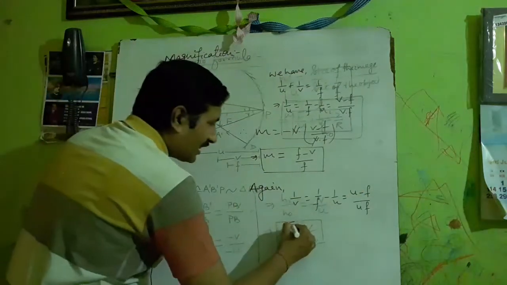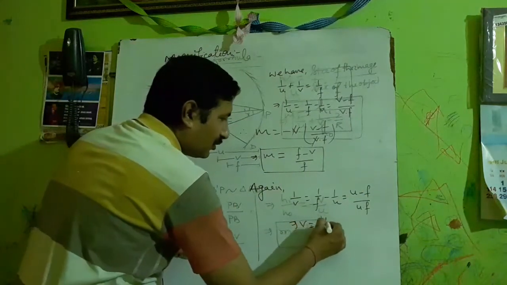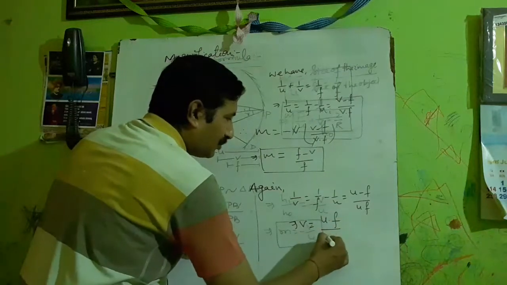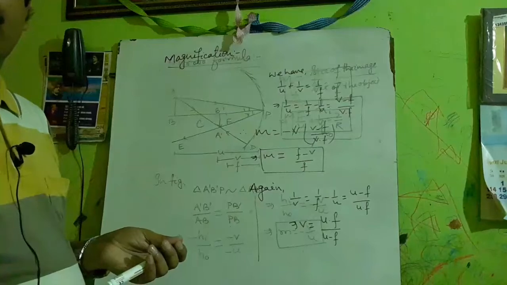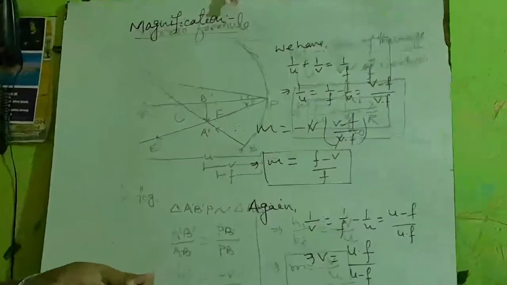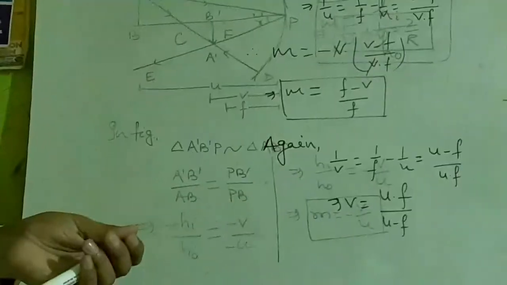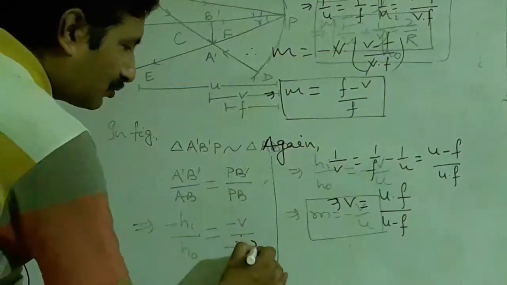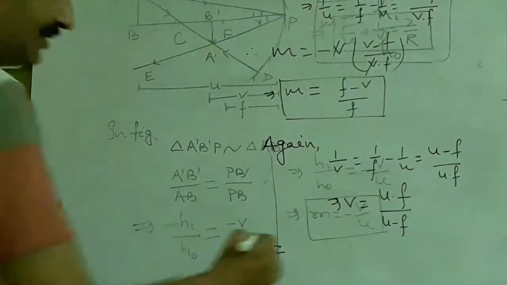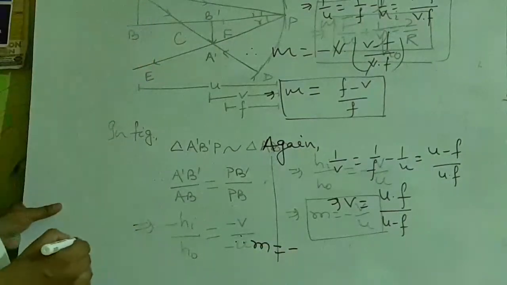And from here you can write v is equal to uf by u minus f. Are you getting? Therefore m is equal to minus v by u.